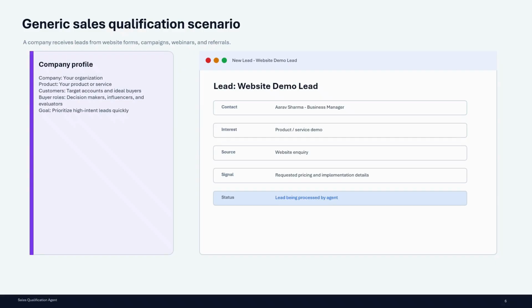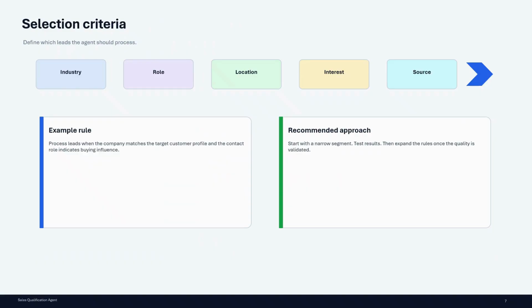The lead has asked for pricing and implementation details, which is a useful buying signal. Because of these signals, the lead is now being processed by the agent. All right, so the first important step is deciding which leads the agent should even pick.